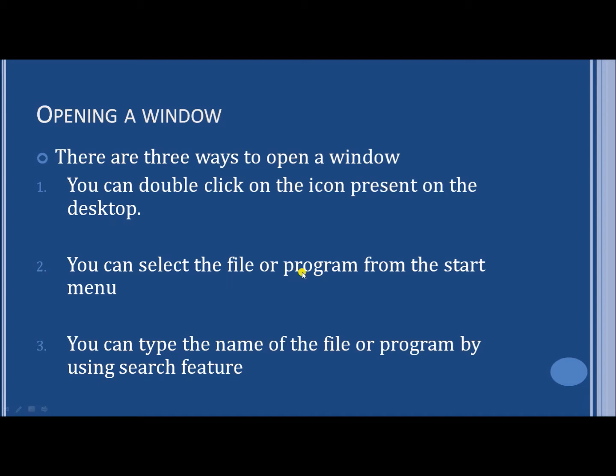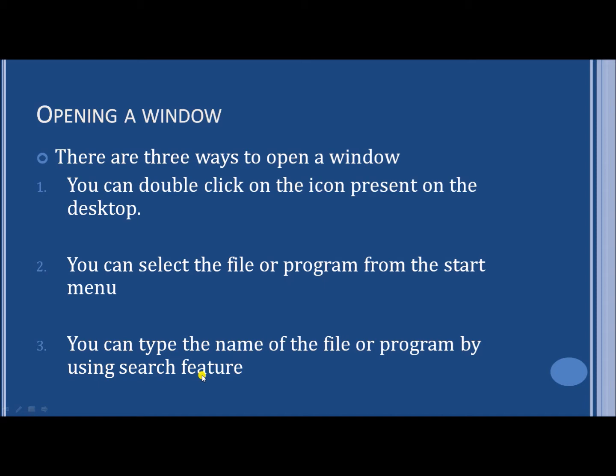You can select a file or program from the start menu. That's the second way. By clicking the start button, a menu will appear, and from that menu you can select that program. By pointing and clicking, you can open that file, and eventually the window of that particular file will open. Third, you can type the name of the file or program using the search feature.